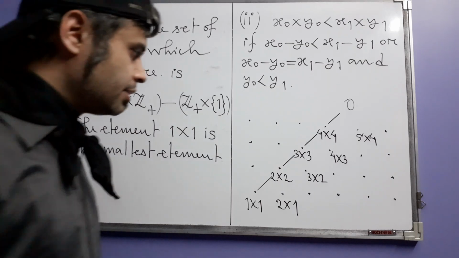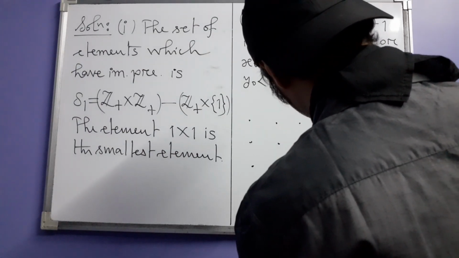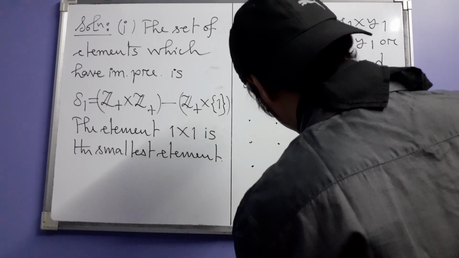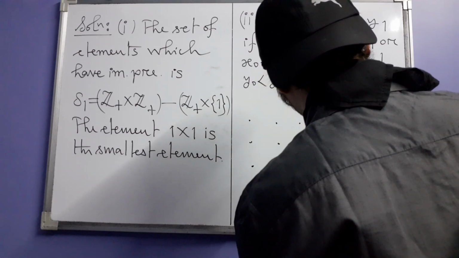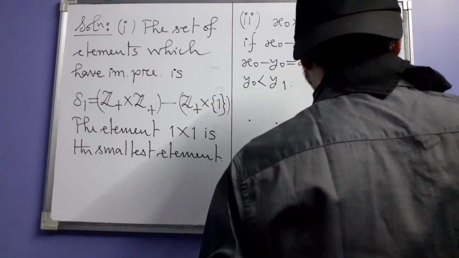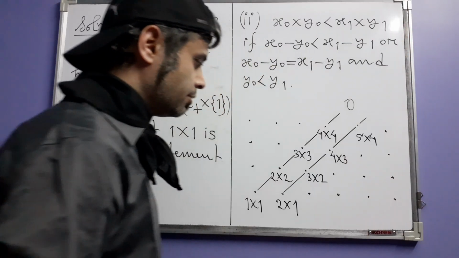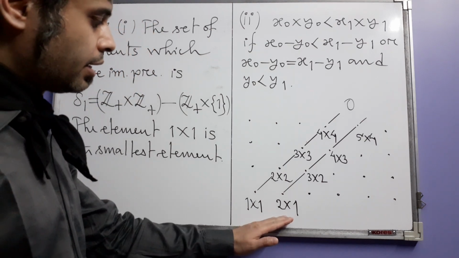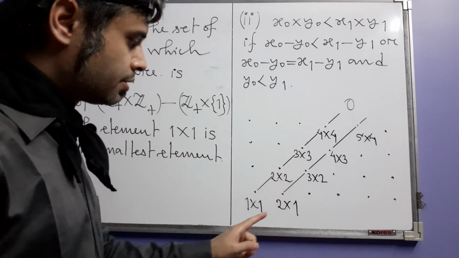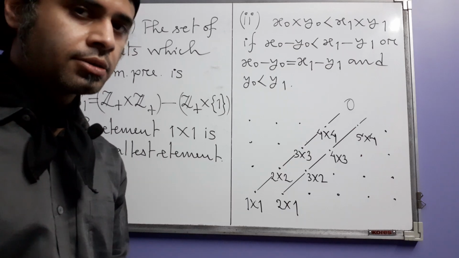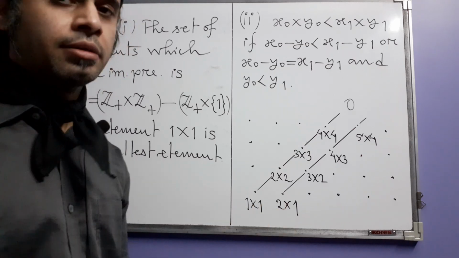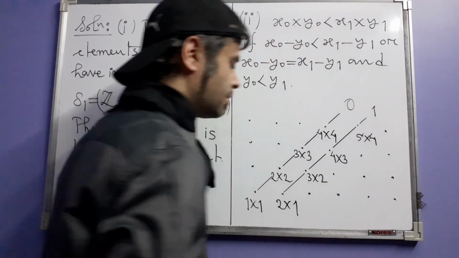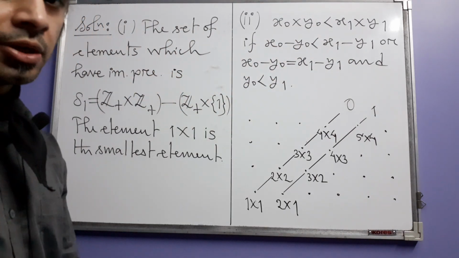So if you join these points as well, you will get another such line. Okay, and the line of course will continue. For these points, unlike the earlier points, what is x naught minus y naught? It's 1. Constantly it's 1 for all these points.